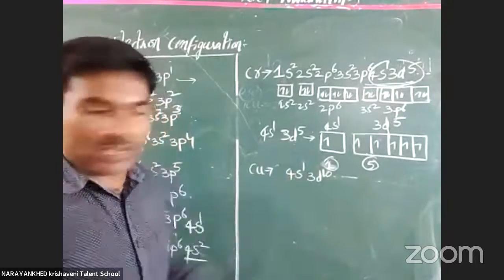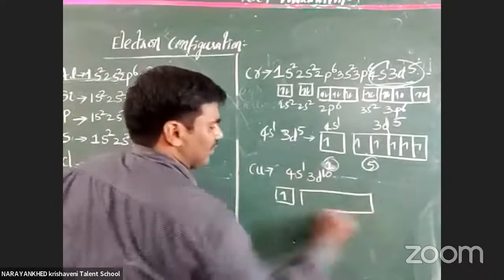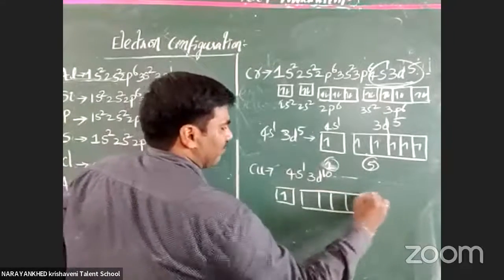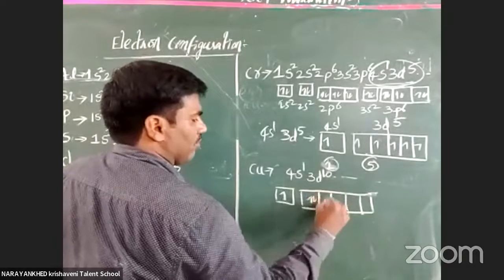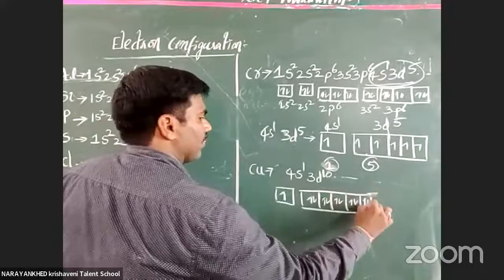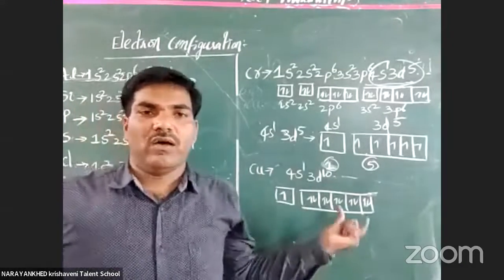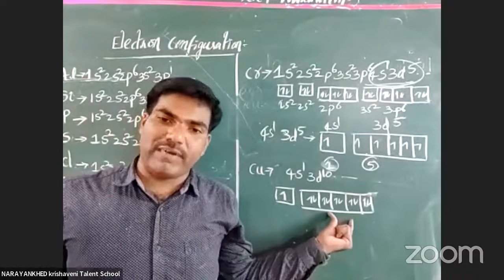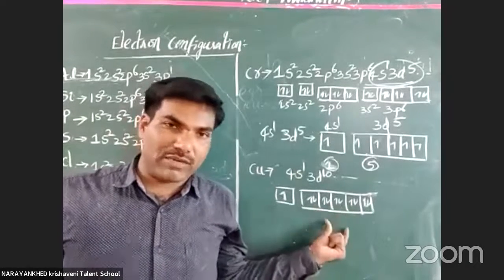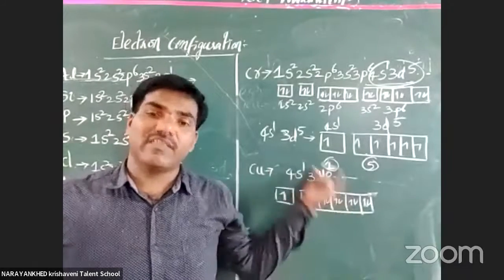It is half filled and becomes full filled. Understood or not? Half filled or full filled orbitals have more stability, and that atom becomes stable. That's why we expect the configuration in this form.